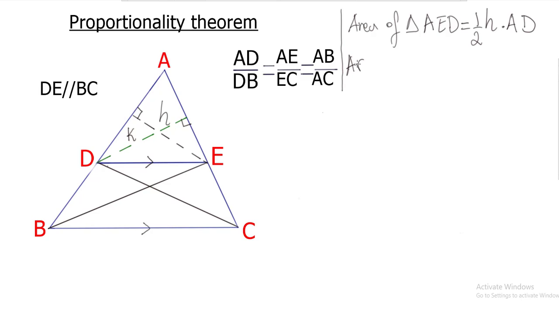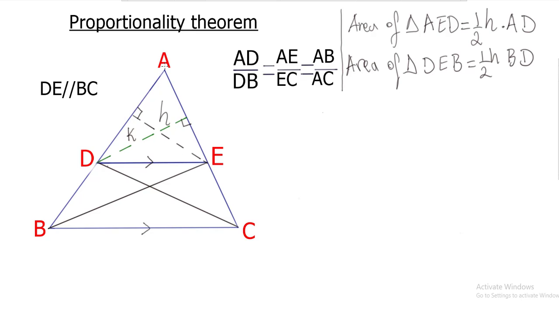And then we move to the area of a triangle with the same height, we have D, E, B. So we have 1/2. The height, remember, the triangle is here. This is the base, and the height is still H. And then we have the base DB.